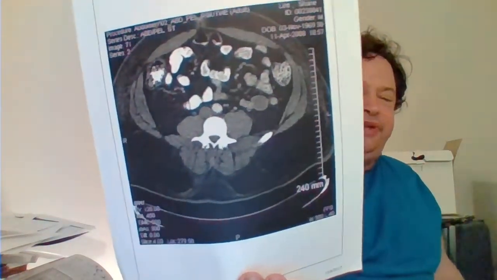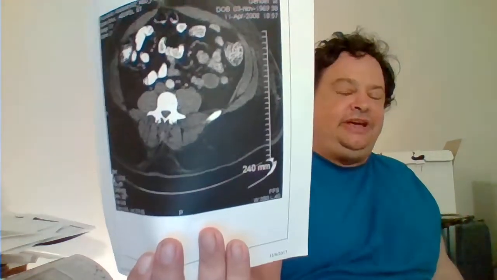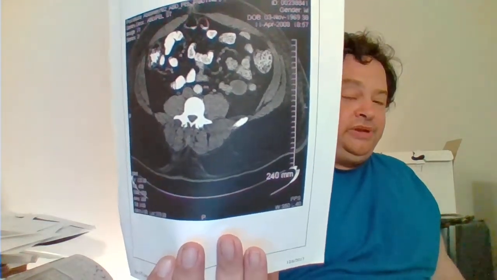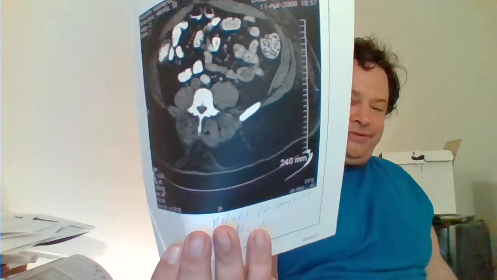Now we're getting to my marks. Now, first thing you notice is whiteness on this side way up high. That's the first abnormality, right? But look at this, it gets larger on the left side.